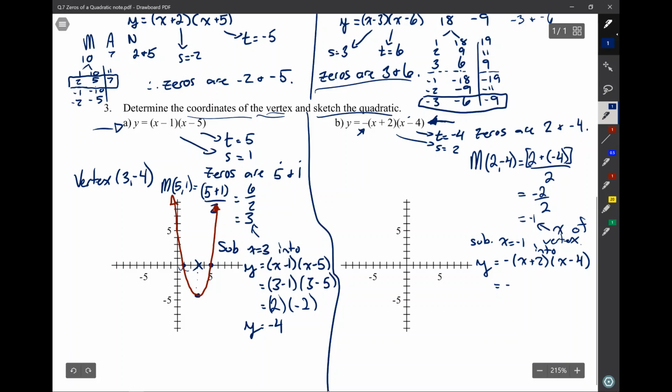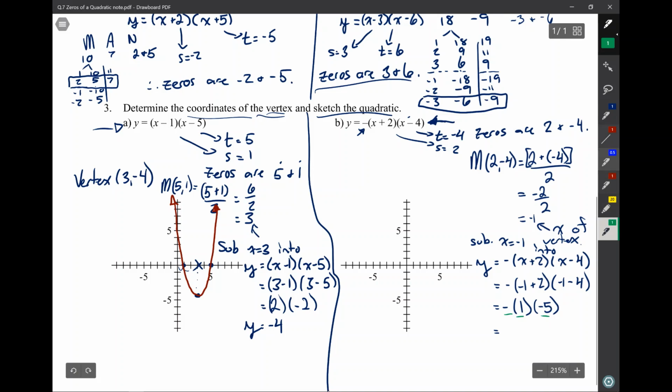So I keep my negative here, and I'm just plugging it in: negative 1 plus 2, negative 1 minus 4. Still keep my negative here. Negative 1 plus 2 is positive 1. Negative 1 minus 4 is negative 5. So I'm left with a negative times 1 times negative 5.